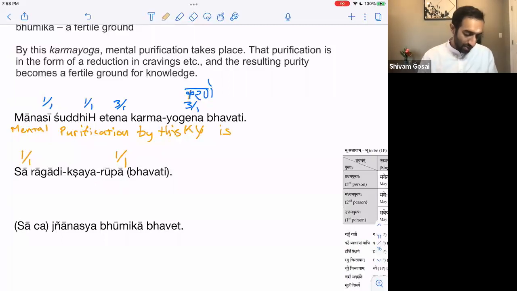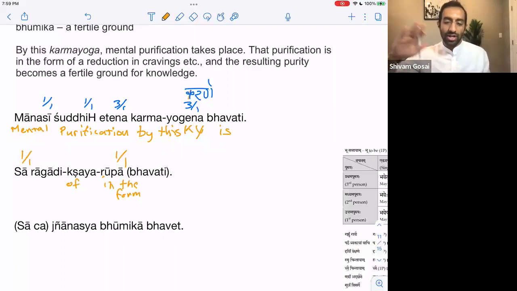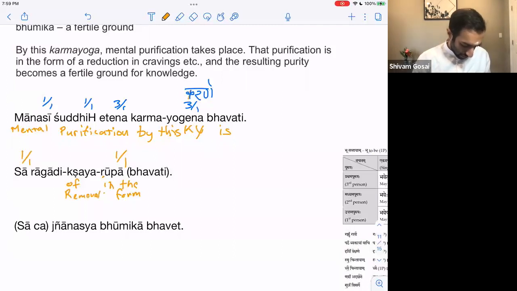What does rupa mean? Form. So it's in the form of kshaya. You have to go right to left. What is kshaya? Reduction, or removal. Reduction of what?